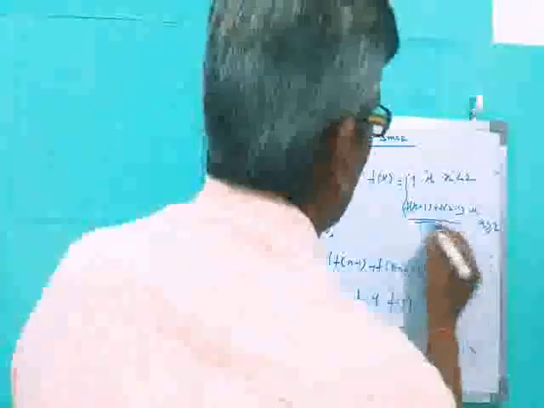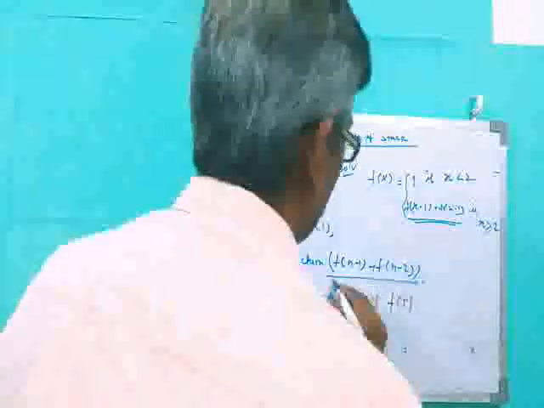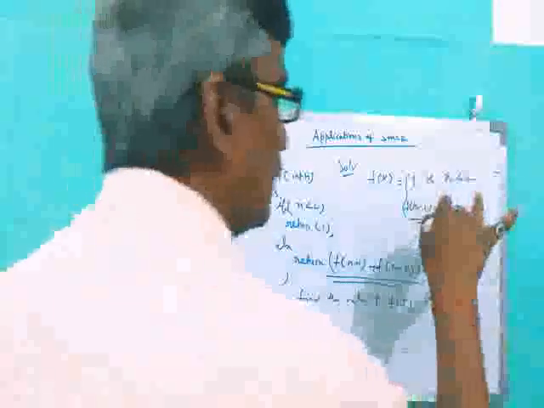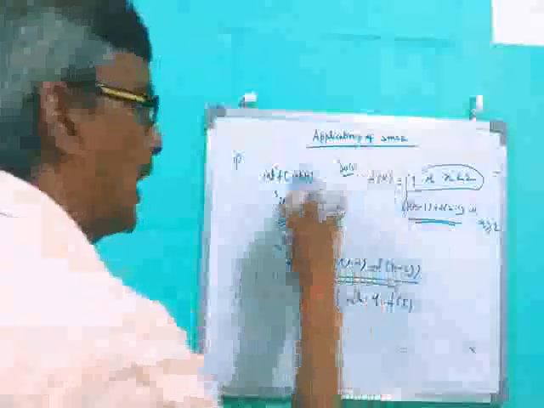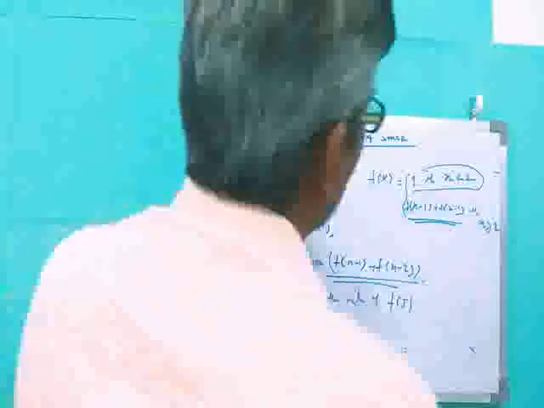When the value of x is greater than or equal to 2, we use this recursive function, and the stopping condition is this. We can also write this function in this form.